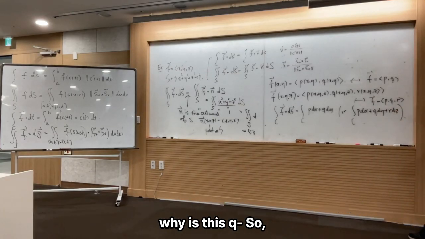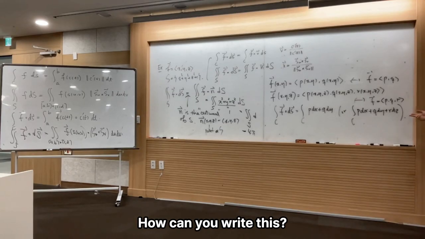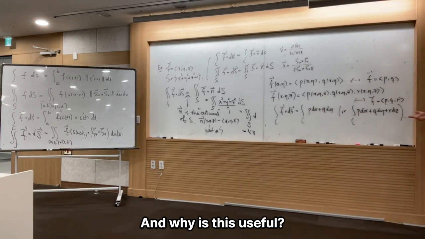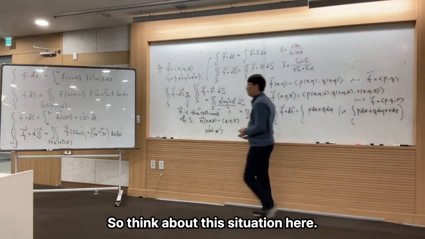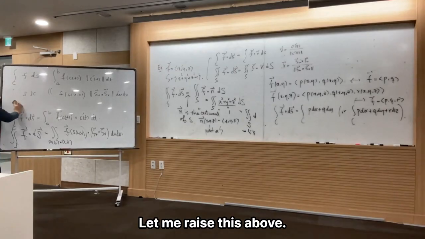So why is this useful? There are two questions: how can you write this, and why do you write this, and why is this useful? So think about this situation here. Let me erase this above.